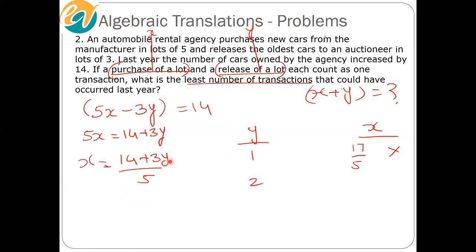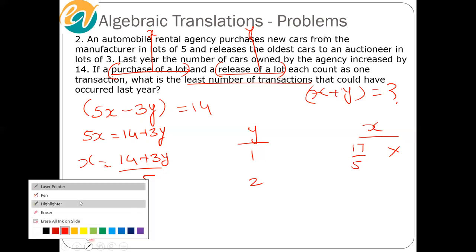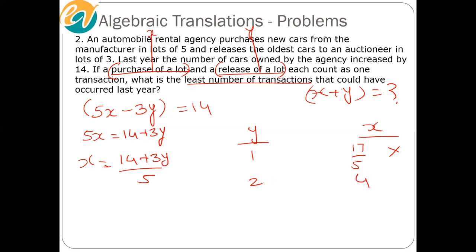Next, we substitute the value of y equal to 2. Now, if we substitute y equal to 2 here, what do we get? 14 plus 6 by 5, which is 20 by 5, which is 4. So notice we already have integer values of x and y, which is exactly what we were looking for.